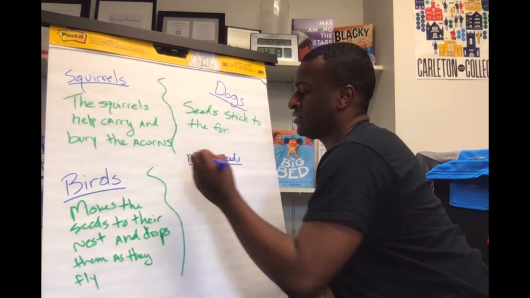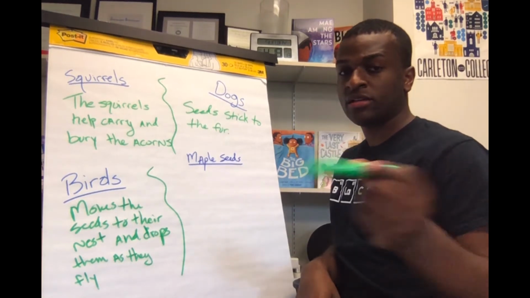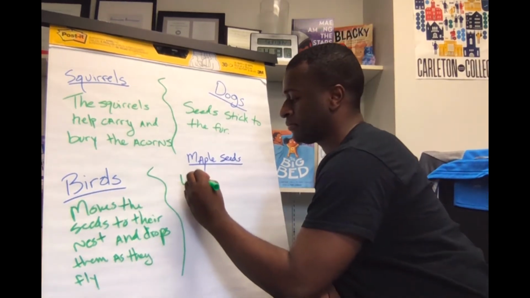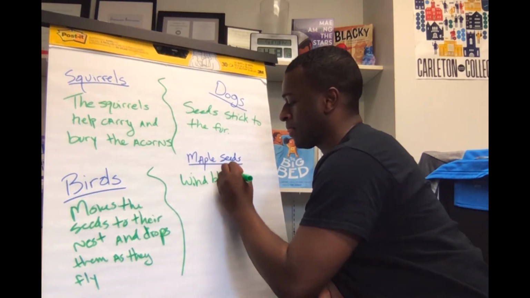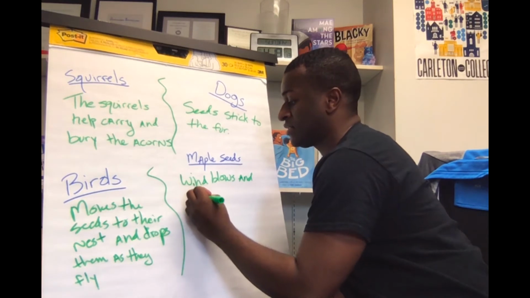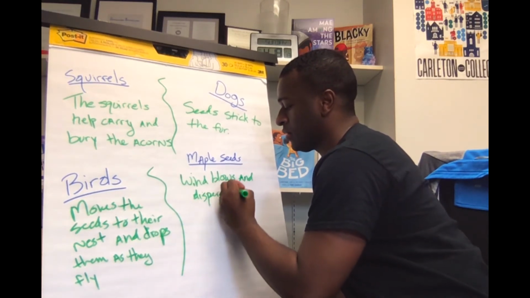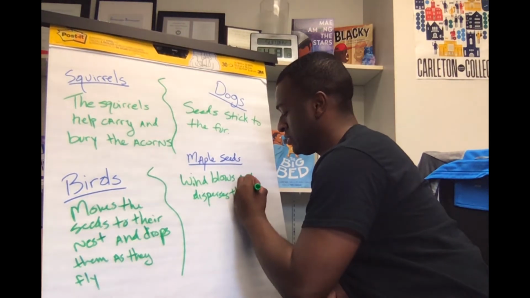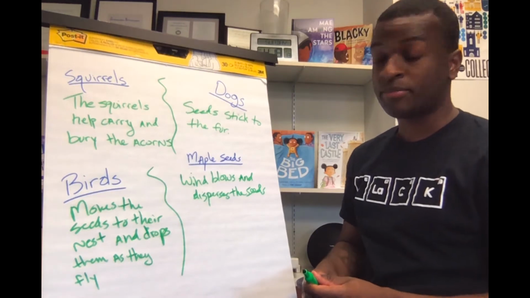Because these guys need a little attention here. What happens with a maple seed is the wind blows and disperses the seeds. Nice. So that's what happens with that.